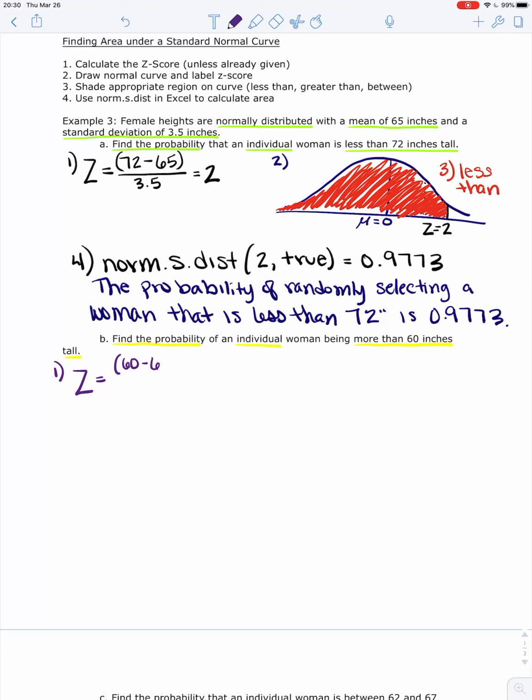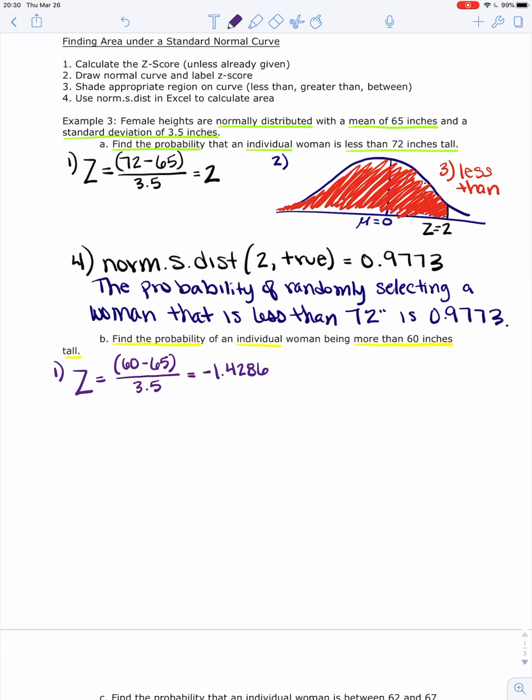I'm going to do 60 minus 65 divided by 3.5. So we get negative 5 over 3.5, which is negative 1.4286. It makes sense that my z-score is negative because my data value is less than the mean.